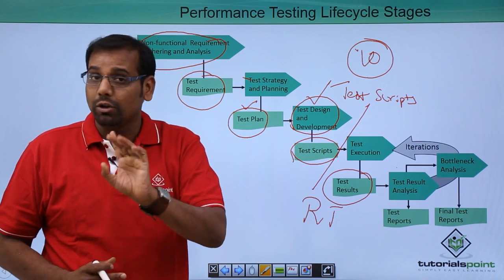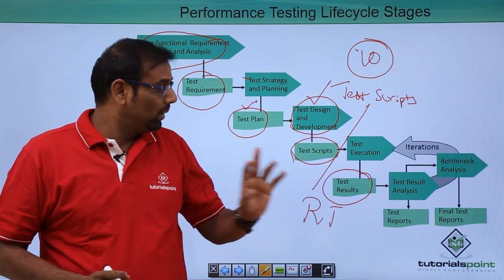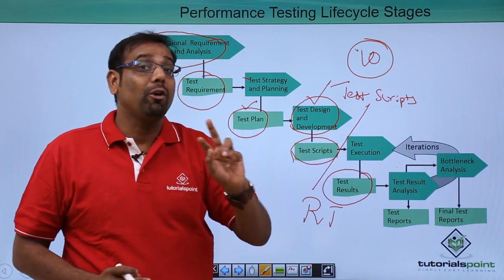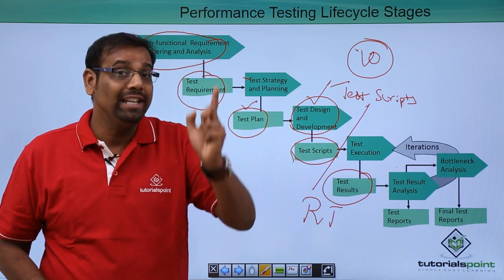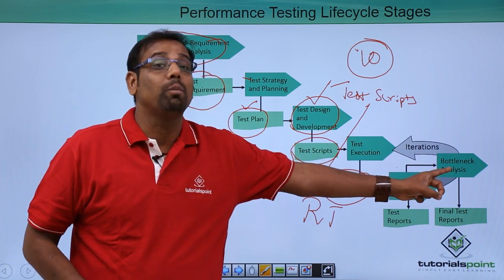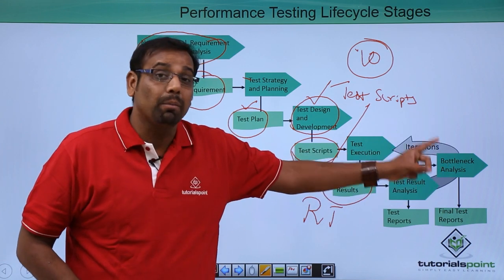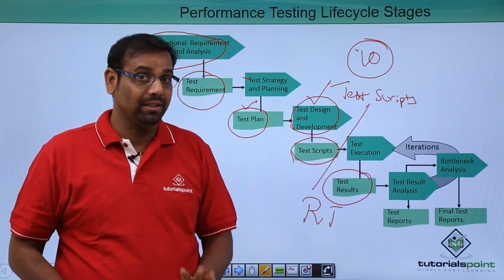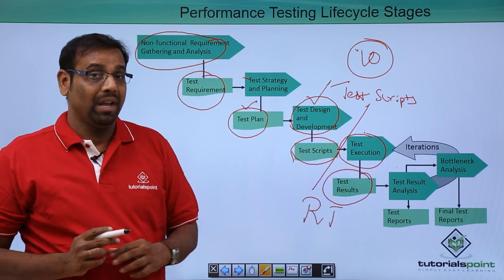When I said you, I don't mean the performance engineer or the analyst or the lead. It will be the developers or performance engineers who will be fixing those bottlenecks. Once the bottleneck is taken away from the system, you have to do the test execution again.